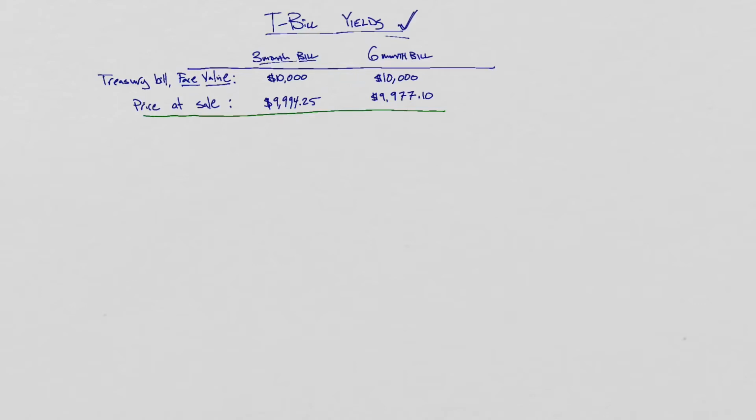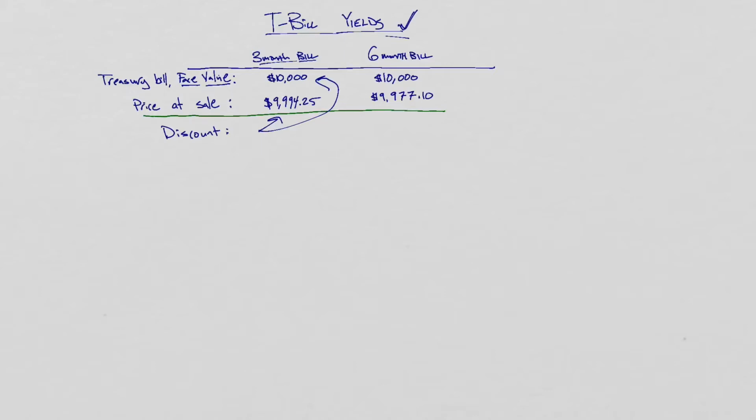And the way they get income or yield is that they buy these at a discount. Instead of paying $10,000 to get $10,000 back 3 months later, which doesn't sound like a great deal, this investor might pay $9,994 today, and then 3 months later get back $10,000.